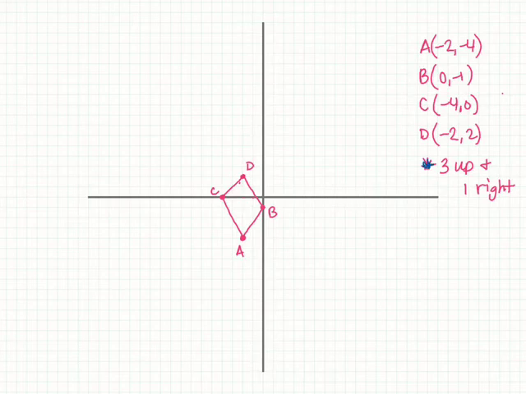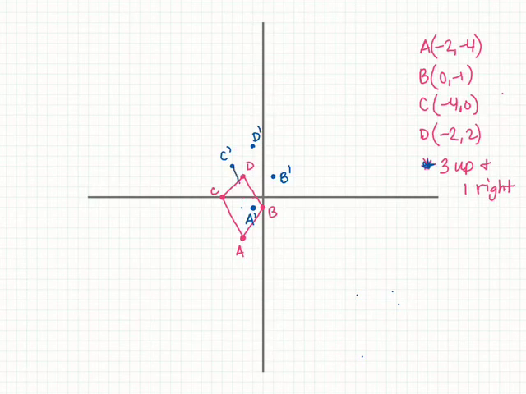So point A, I'm going to go 3 up, 1, 2, 3, and 1 right. So there is A prime. Okay. B prime, I'm going to go 3 up, 1, 2, 3, and 1 right. There's my B prime. Same thing for C prime, 1, 2, 3 up and 1 right, and D prime.